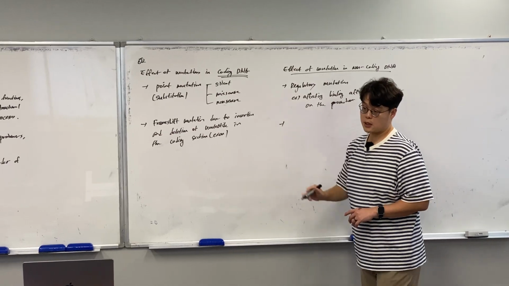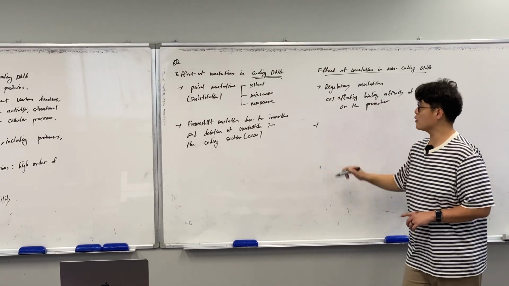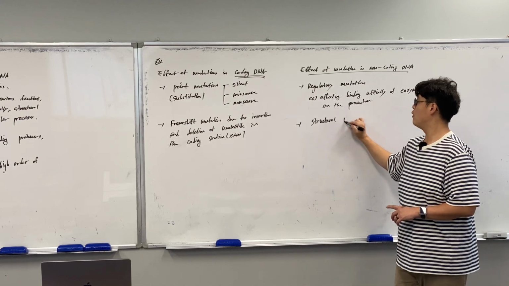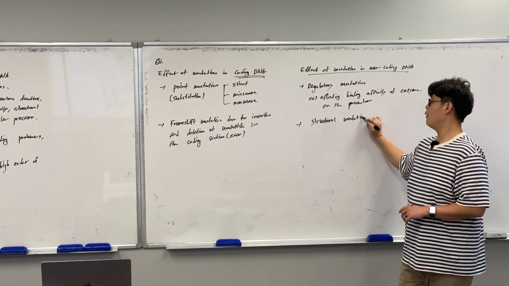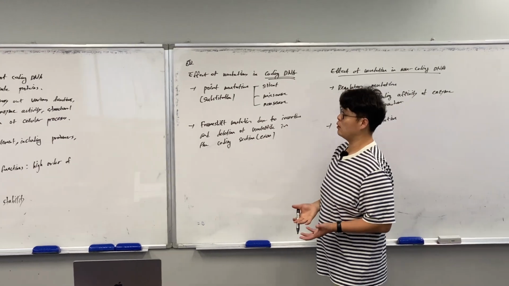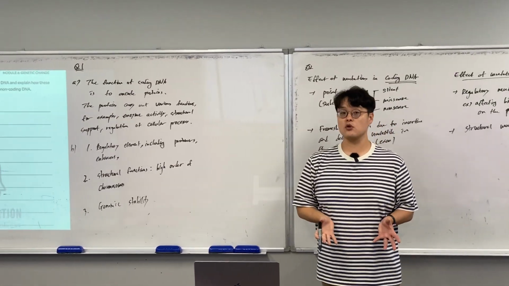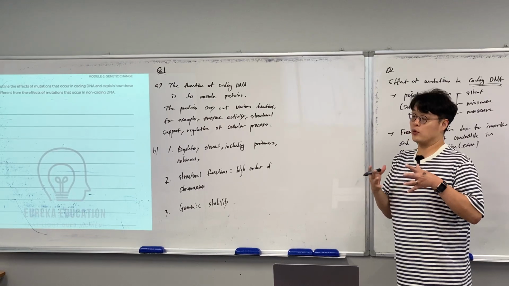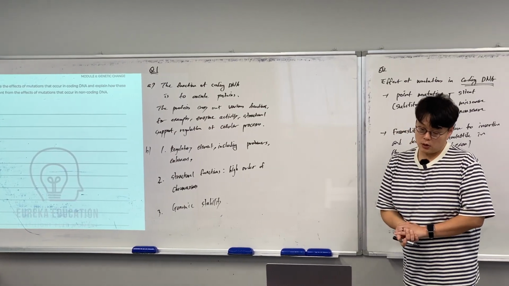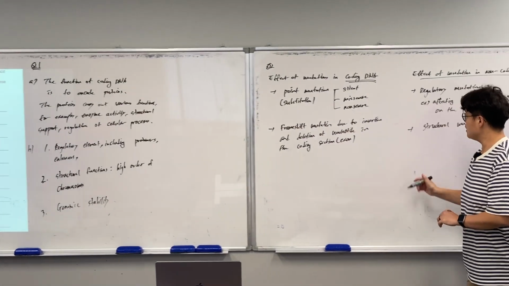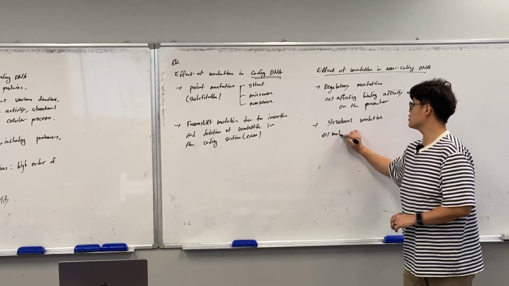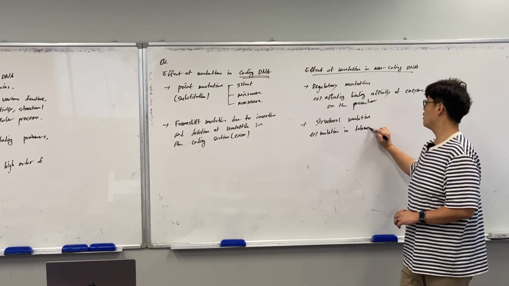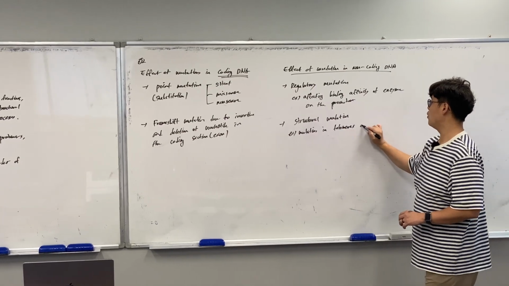Second, there could be a structural mutation. As the intron, or the section that is not used for coding, has a really important role in the structure of the DNA. So mutations in the telomeres especially, or the centromere.